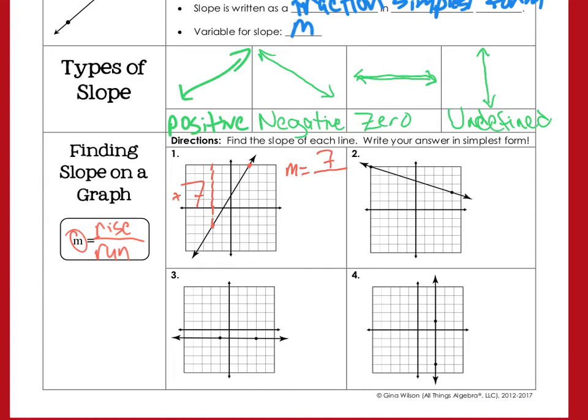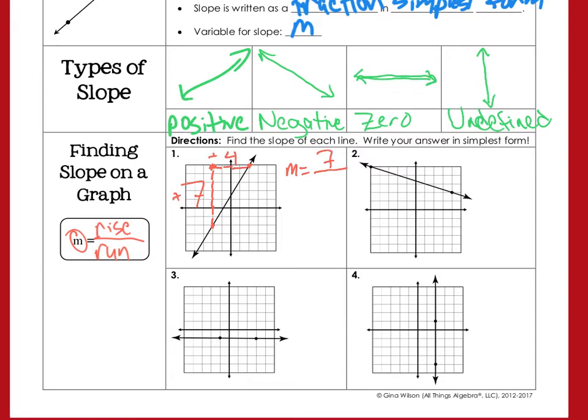But then we also have to calculate run. And remember that run is the horizontal change. So I have to go from this point here over to the other point that's on the line, which means I'm going over 1, 2, 3, 4. Now I went to the right 4. And on a number line, the farther we go right, the more we go positive, right? Isn't that correct?